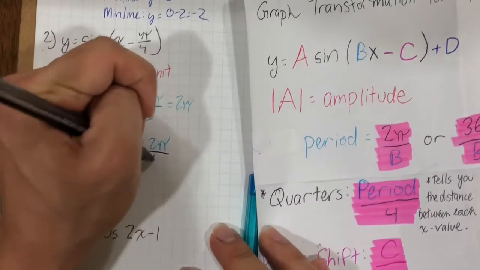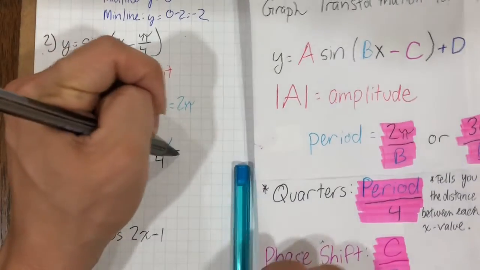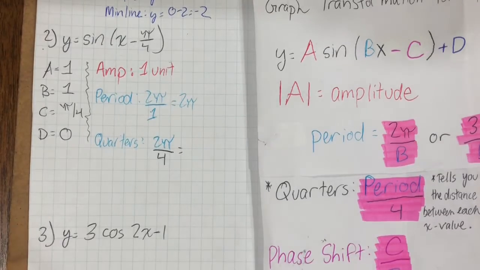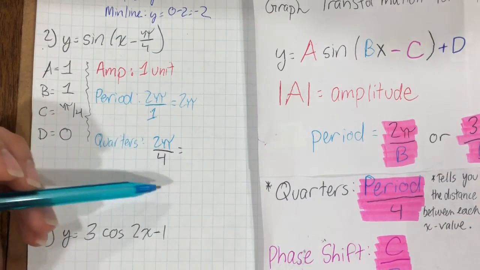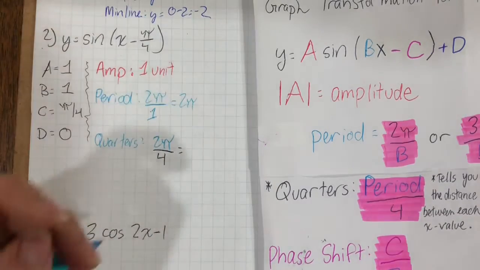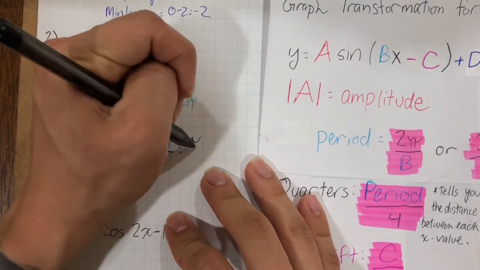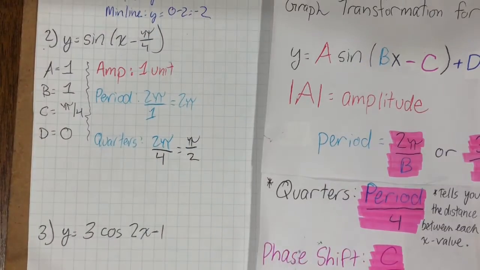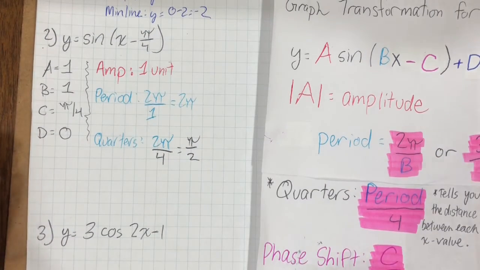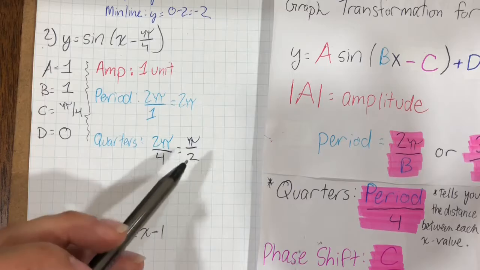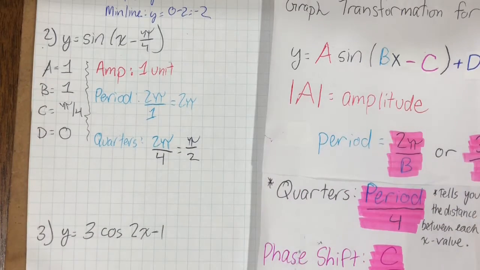That's what I meant when I said 4. If I simplify 2 pi over 4, I end up with pi over 2. So my quarters are pi over 2. That means to get from one x value to the next, I'm going by pi over 2 radians, or 90 degrees.